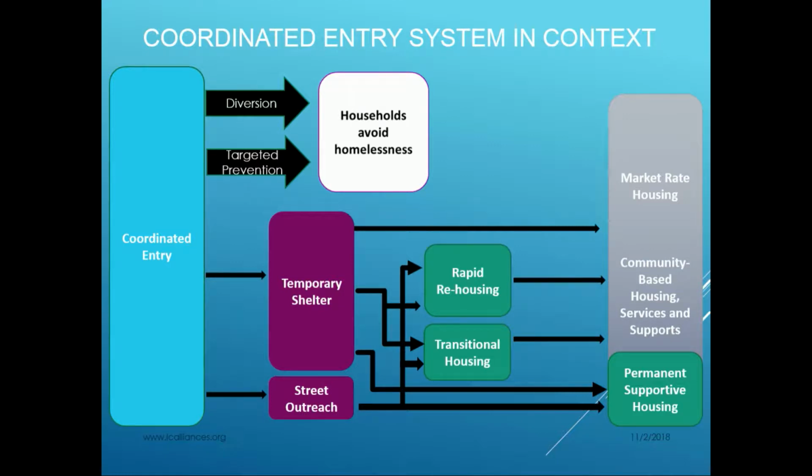And through that process, many of the households that enter the system are diverted or prevented from entering further into the system, like entering shelter or street outreach. So before they even hit shelter or street outreach, they're being diverted to avoid homelessness altogether. So then this allows the crisis response system to effectively focus on those who are most vulnerable right away.